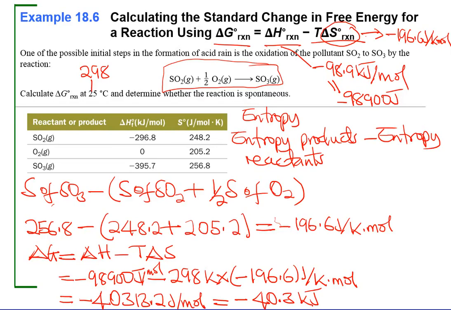So for this reaction, the delta G is given as negative 40.3 kilojoules per mole.